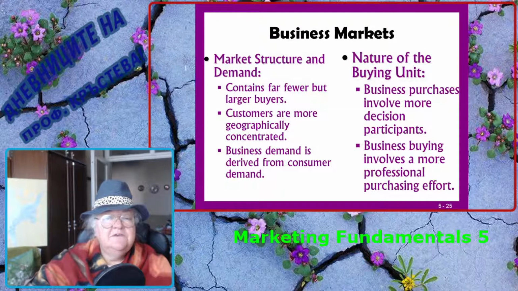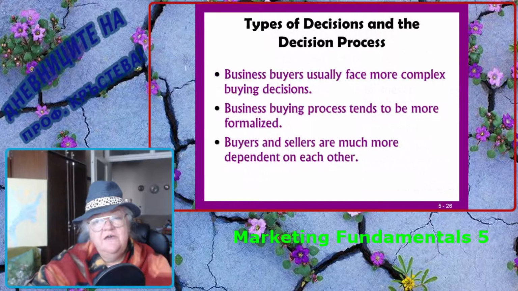Business markets are structured differently, and so is demand. They contain far fewer but larger buyers. They are more geographically concentrated. Business demand is derived from consumer demand. And the nature of the buying unit is also important. Business purchases involve more decision participants, and business buying involves a more professional purchasing effort.